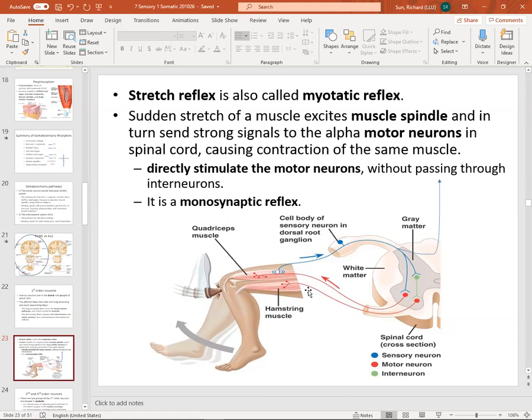Later you will learn that there are many types of reflexes, and a lot of them, I think this is probably the only one that is a monosynaptic reflex. A lot of other reflexes involve multiple neurons.